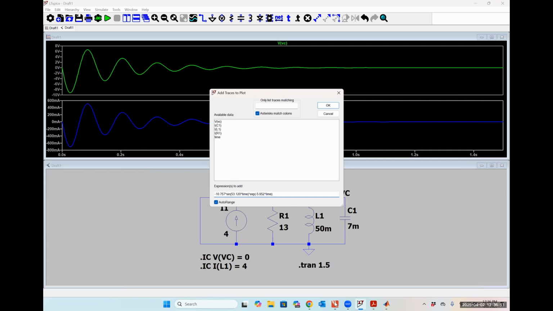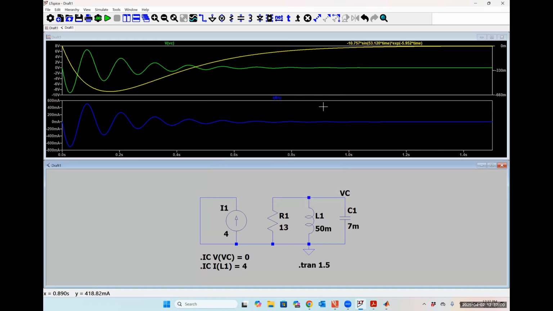For what it's worth, I'm actually expecting this to look wrong, and then we're going to figure out why it's wrong. So I'm going to press OK, and it adds that extra curve on there, okay?